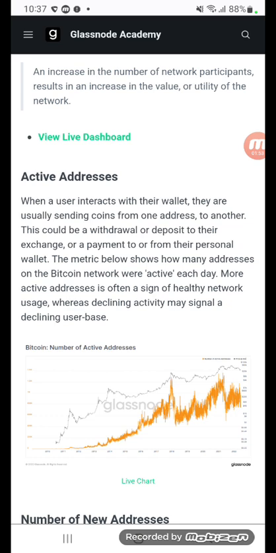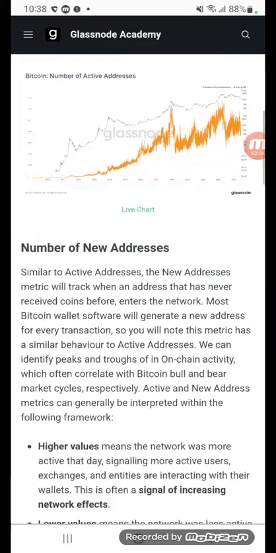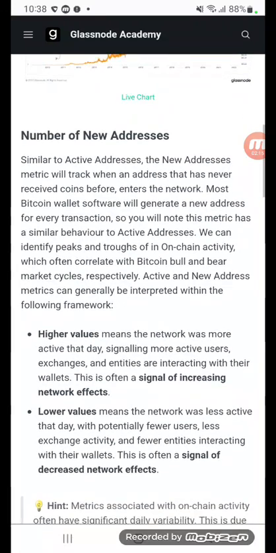More active addresses is often a sign of healthy network use, whereas declining activity may signal a declining user base.